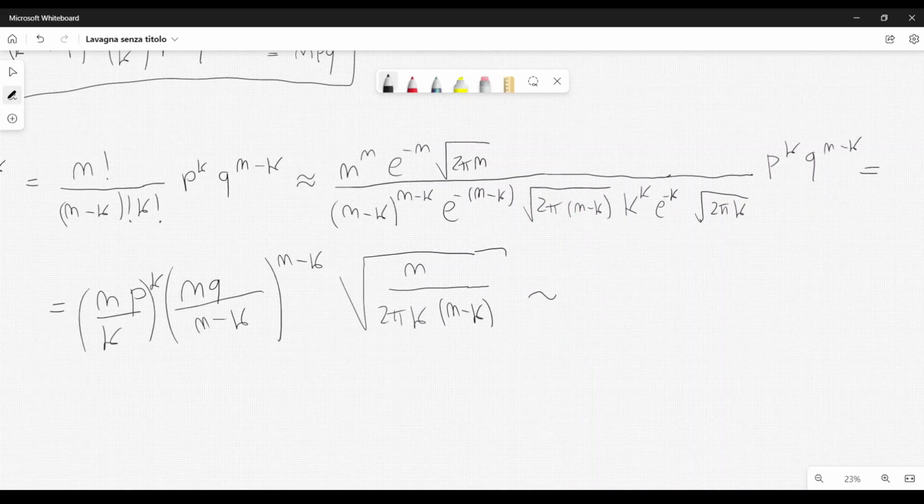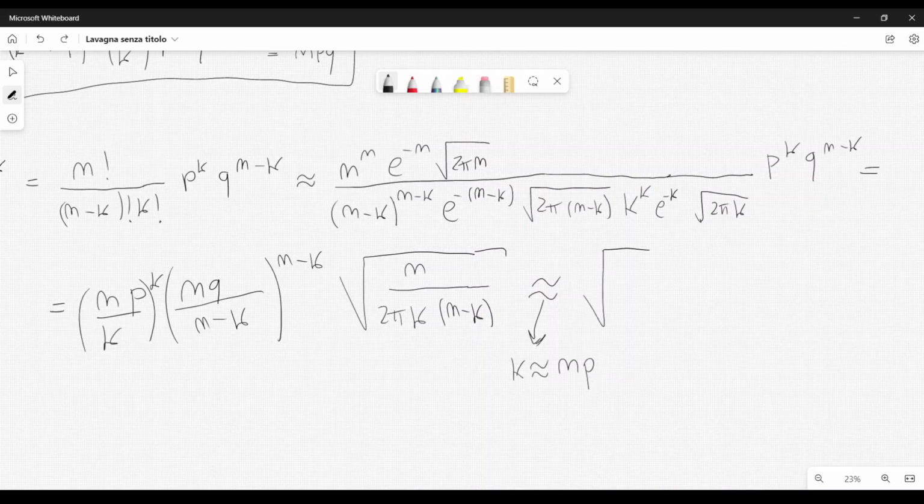And now here we will do another approximation. The approximation is that k will be very close to its average, np, and this approximation will be better as n increases, because if the number of trials, if the number of experiments increases, k will become closer and closer to its average, which is np. Remember, we derived the average np earlier.